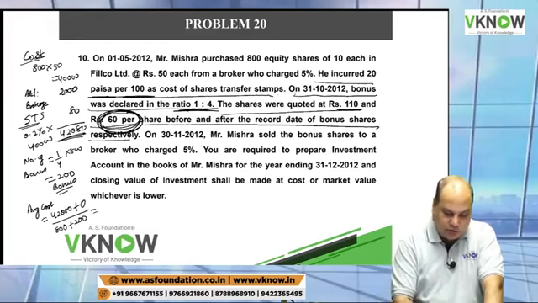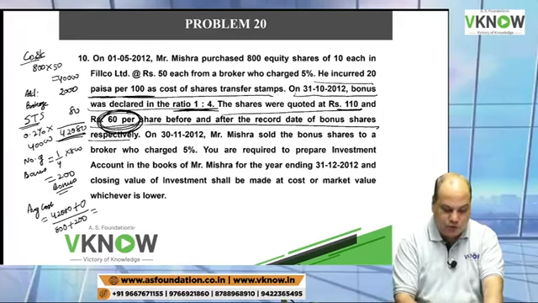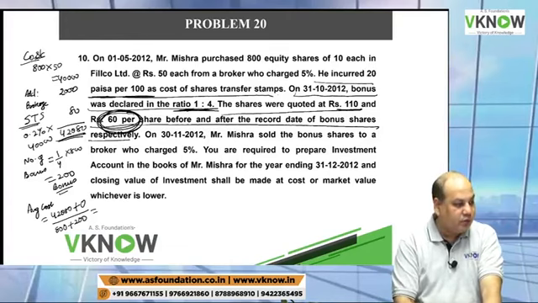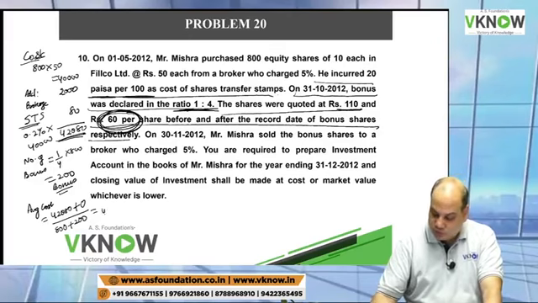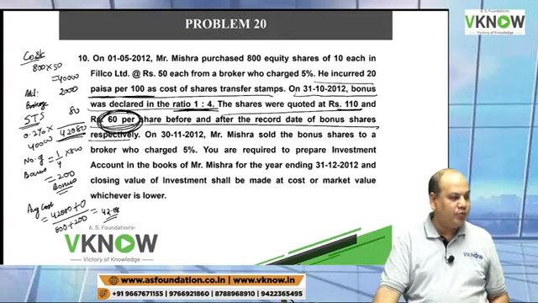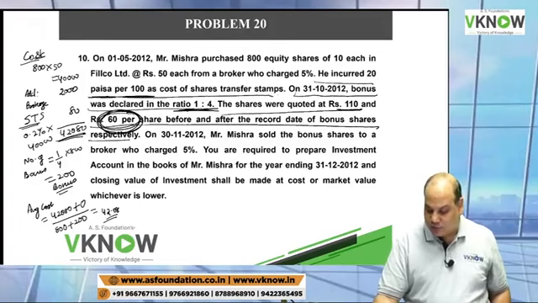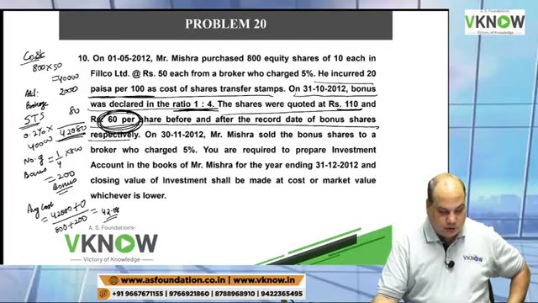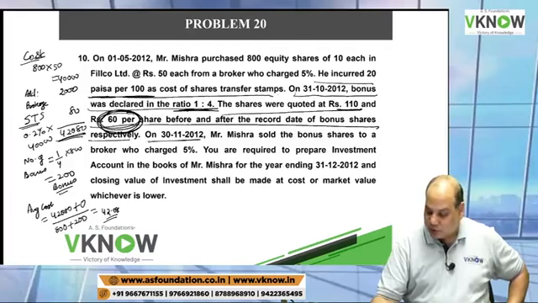So my average cost will be 42,080 divided by 1000, which is equal to 42.08. So average cost will be 42.08, not 42. Is it right? 42.08.